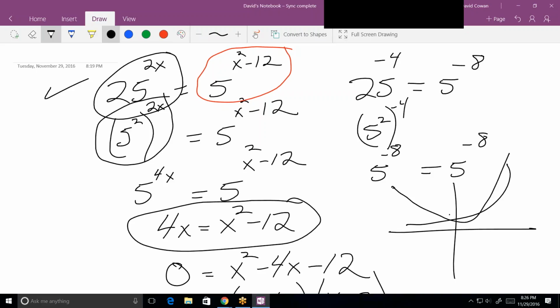So do you have two intersection points? Probably, yeah. I'm not sure what that graph looks like, where you take a number and raise it to x squared minus 12. But I suspect that it looks something like I've drawn, such that you would have two intersections.